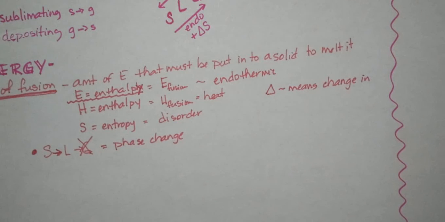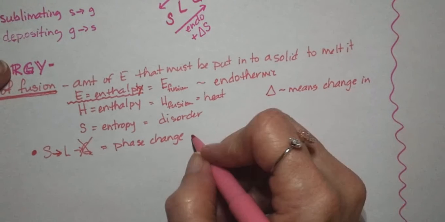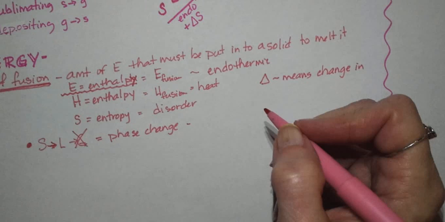Just so you know, you kind of keep it in mind there. So, more energy is required to change phase. If more energy is required to change the phase, it means the substance has stronger IMFs.